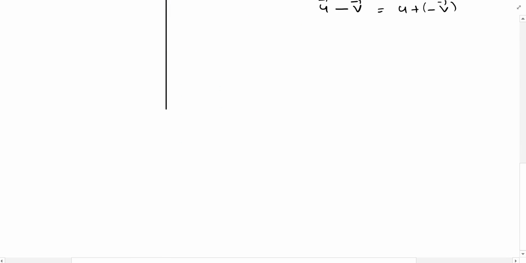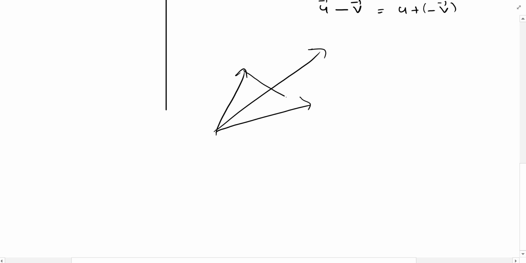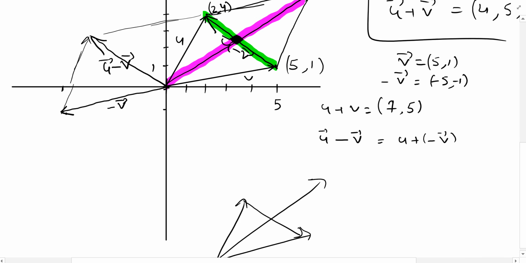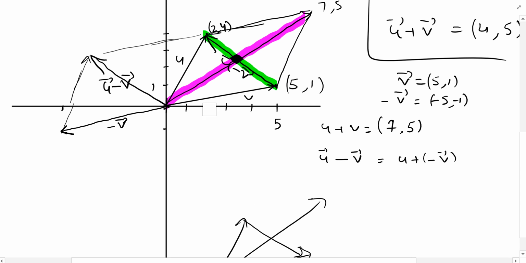So we learned that if you have two vectors, the sum is right here, and the difference is going to be here. Now it's important, let me write it down. If you go from u, if you do u minus v, then the direction is going to be towards u.